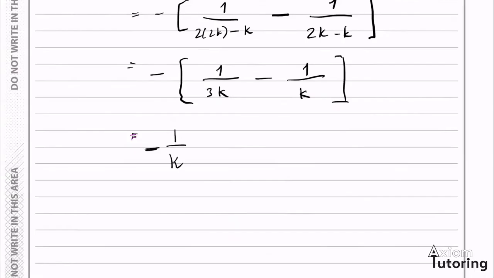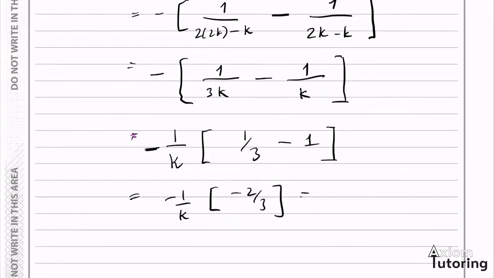Let's keep the negative sign there for a moment. If we pull out 1 over k, we get 1/3 minus 1. That's minus 1 over k multiplied by 1/3 minus 1, that's minus 2/3. So we get 2 over 3k. So that's the equivalent of n being 2 over 3.